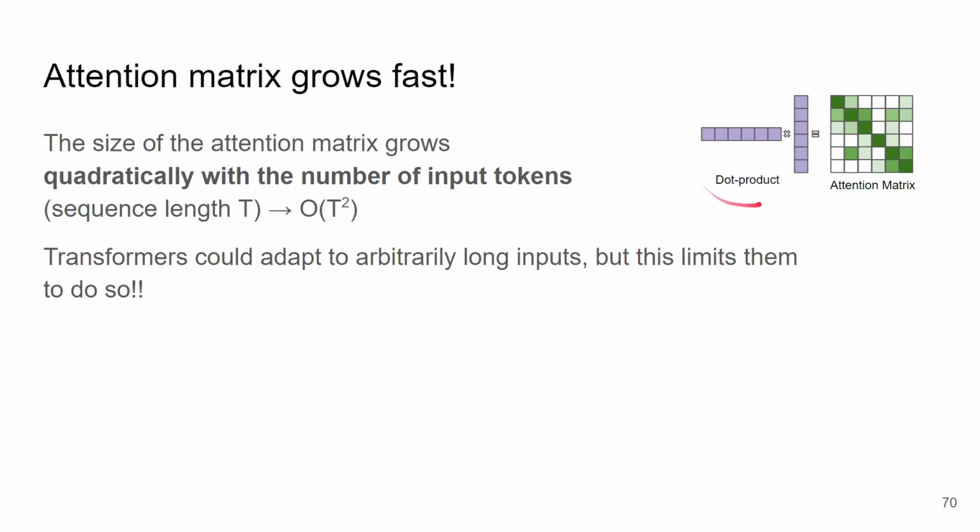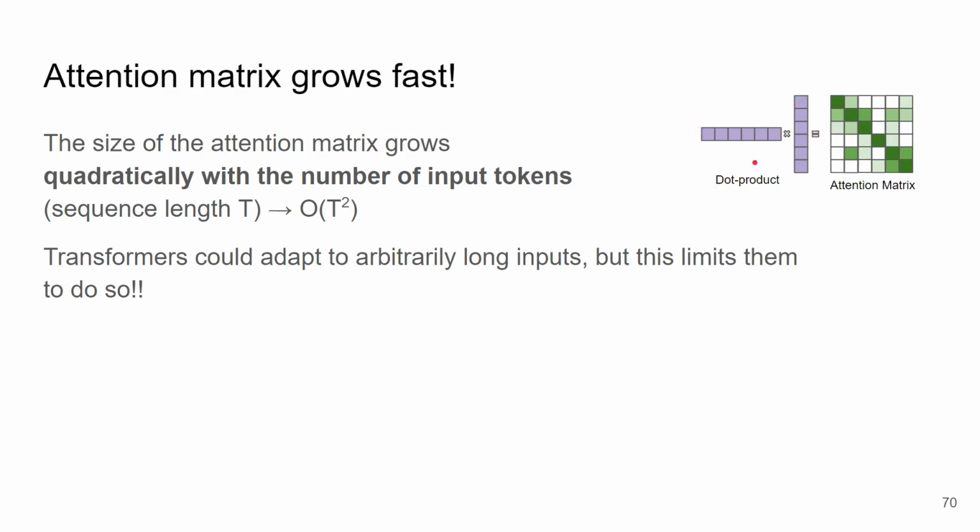So if you recall, we're going to be performing this dot product, which is the input sequence times the input sequence. So we're going to get an attention matrix that's the input sequence length squared. So this attention matrix grows quadratically with the size of the input sequence.